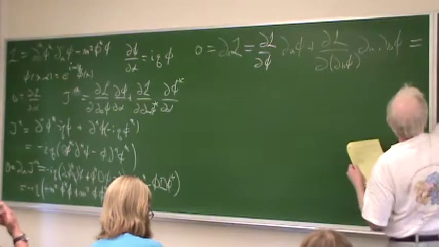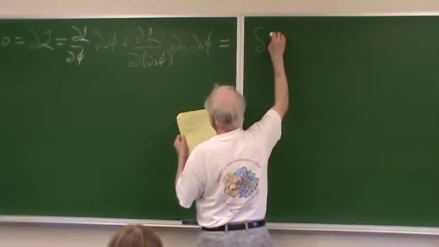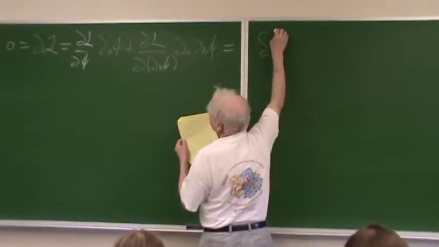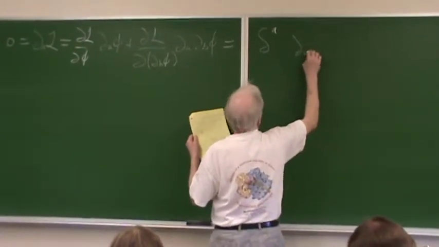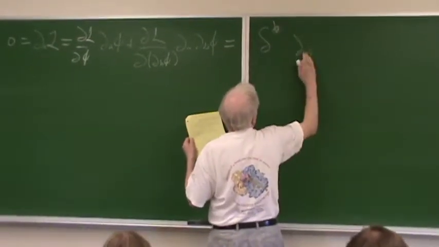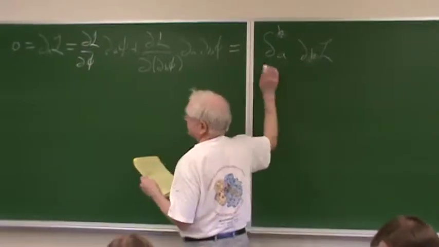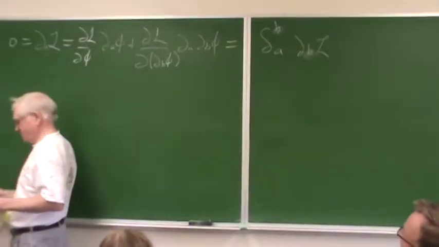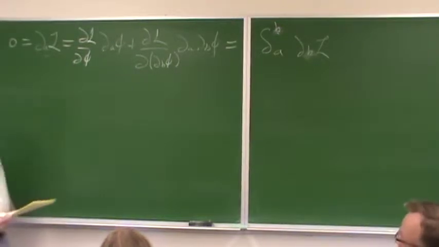I'm going to say this is delta A partial, oh, I did use A, I'm going to use B then. Delta B dBL there. So this, of course, is the same as that. We're just using notation. Sorry.